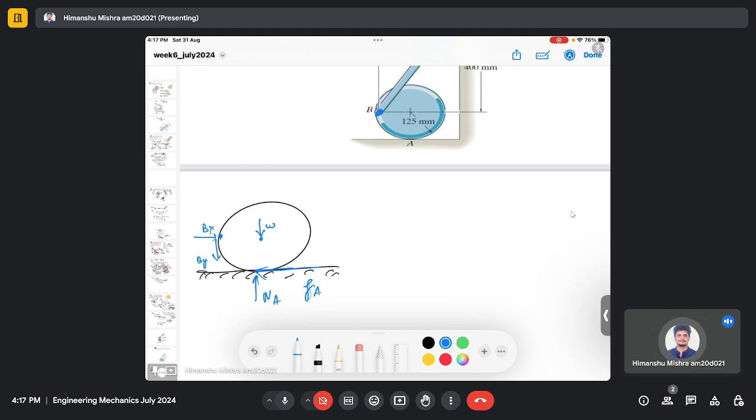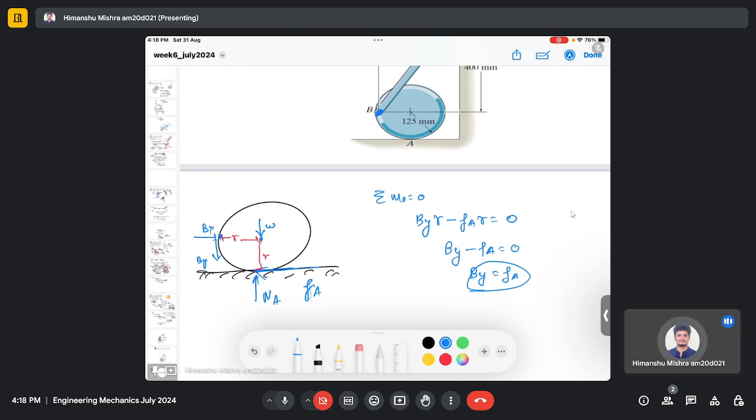So if I do the moment balance analysis at the center, and let's say this is my distance r, because we will require it in the moment balance, I will have By r minus Fa r equals 0. So I can write this as By minus Fa equals 0, so By equals Fa.